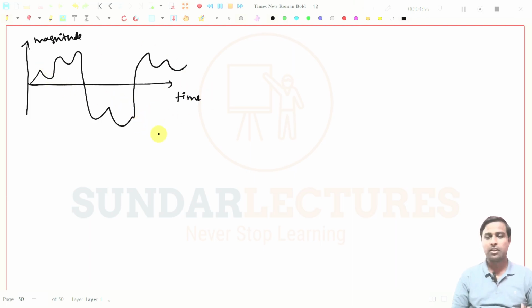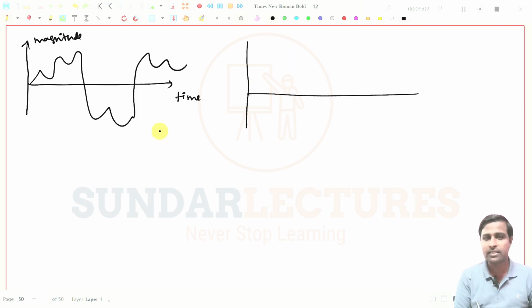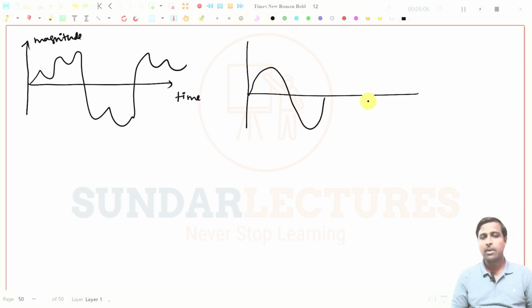You should not assume that only a sinusoidal waveform is AC. We usually draw it like this, but this is not the only AC. This is a sinusoidal waveform, which is just one part of AC quantities. It follows the sine omega t expression, which is why we call it a sinusoidal waveform.